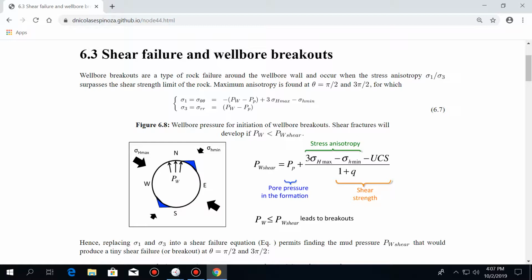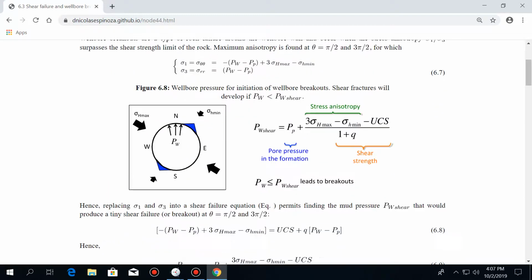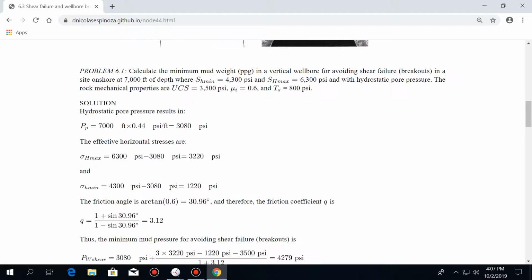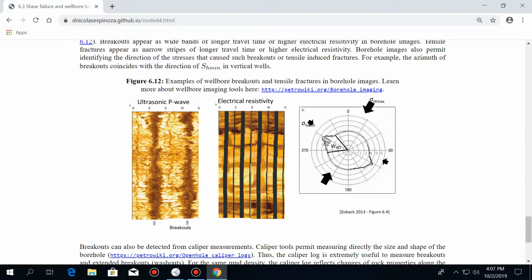Basically, we compare the stresses that we calculated before with criteria for rock failure. And basically, that's going to be composed by 2 types of rock failure. Shear failure, which is going to give us a failure which is called breakouts. And here you can see all the theory. We'll talk a little bit about this. I'm just going to go very quickly right now.